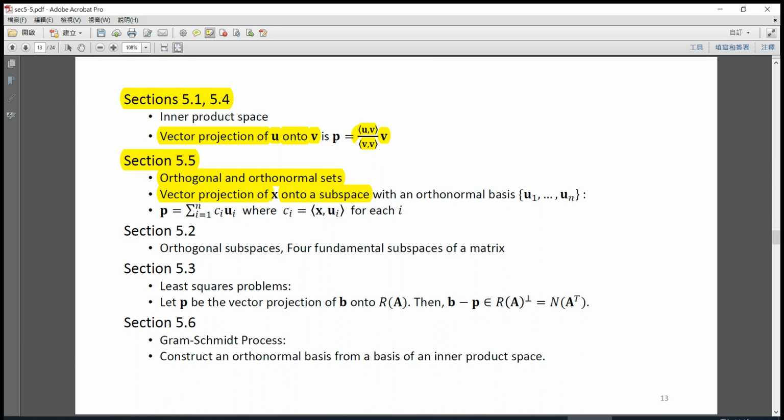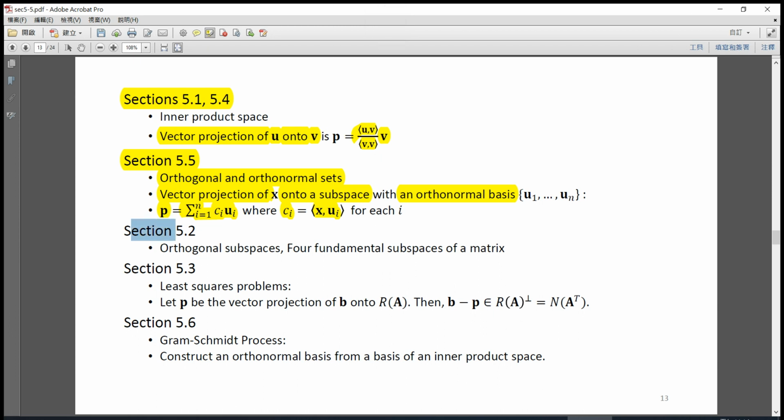If the subspace has an orthonormal basis u1, u2 up to un, then the vector projection is P. P is a linear combination of u1, u2 up to un, where the coefficient Ci is the inner product of x and ui for each i, and P is the element in the subspace that is closest to x.